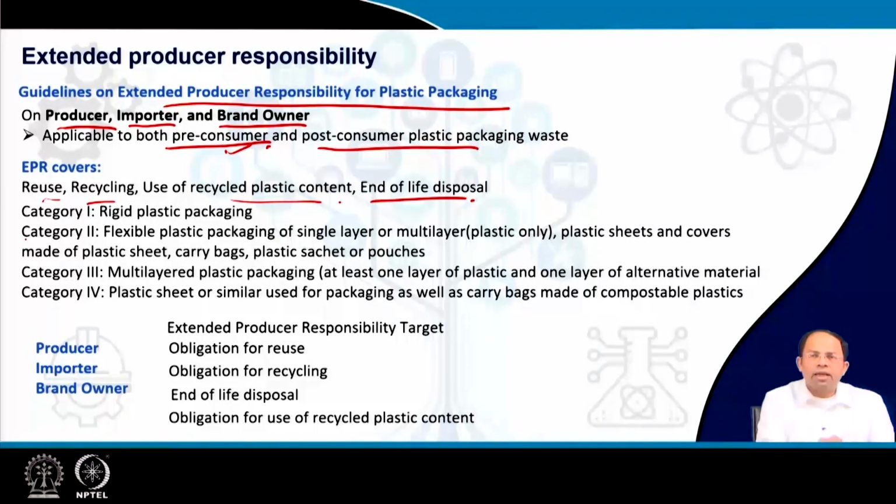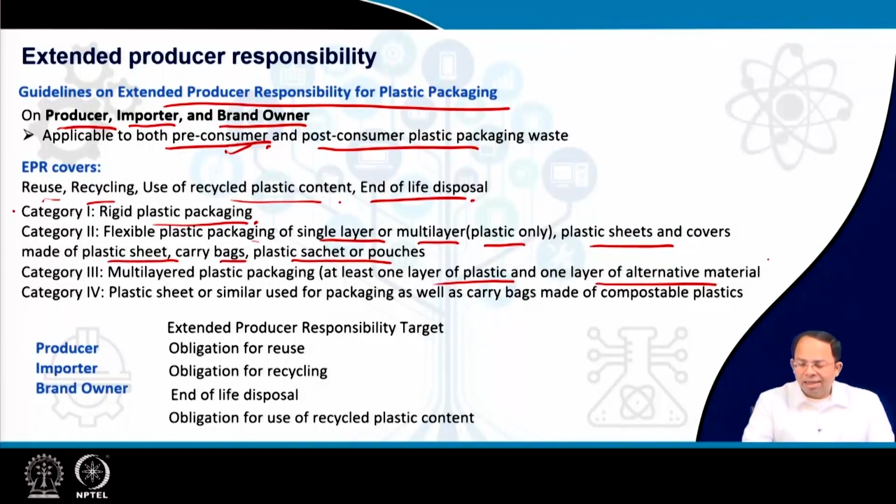Now in EPR guidelines, 4 categories of plastics are mentioned. Category 1 is rigid plastic packaging. Category 2 is flexible plastic packaging of single layer or multi-layer, with all plastic layers: plastic sheets and covers made of plastic sheets, carry bags, plastic sachets or pouches. Category 3 is multi-layer plastic packaging, where at least one layer is plastic and one layer is an alternative material.